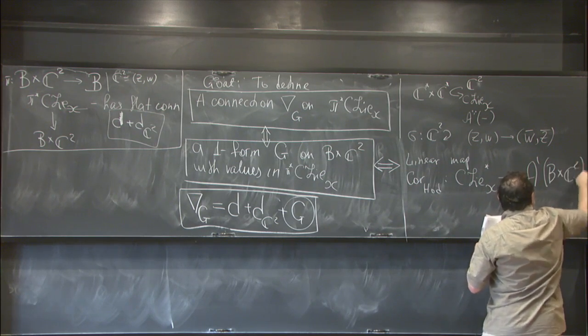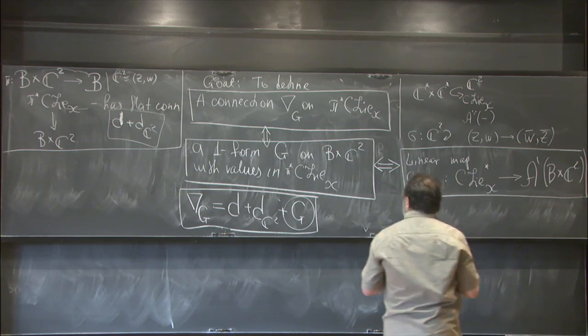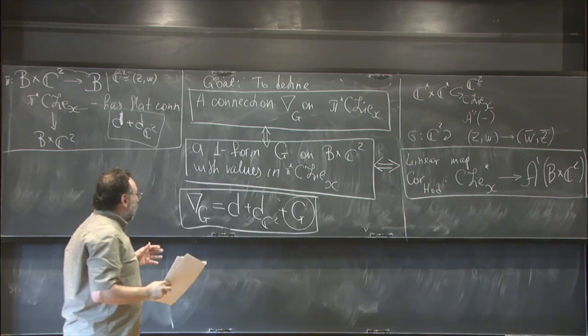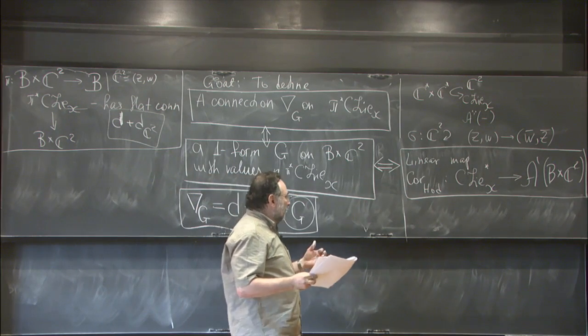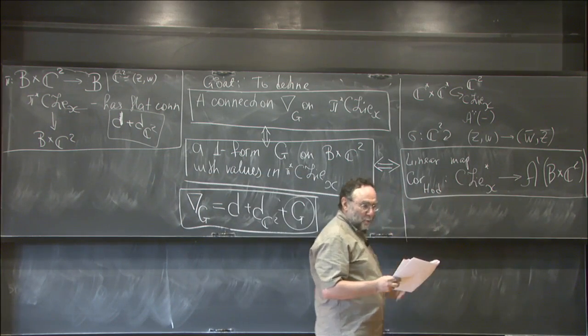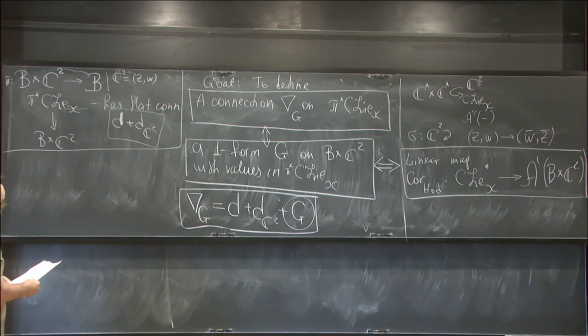I'm just playing around with dualization of maps of vector spaces. What I'm saying is that constructing a one form with values somewhere is the same as constructing a map from the dual of this somewhere to the space of one forms. And this is the way I'm going to produce this connection, this one form.